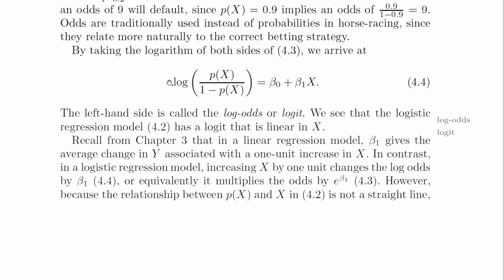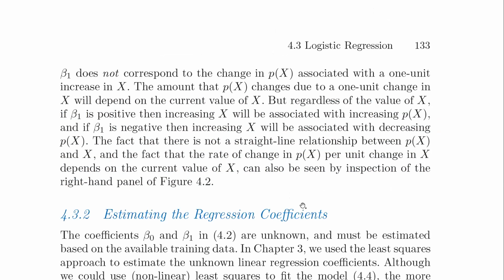So you've estimated your beta 1 hat, 0.0055. So increasing X by $1 increases the log odds by 0.0055. Obviously, if you just substitute into the formula, you can easily find the increase in p(X).